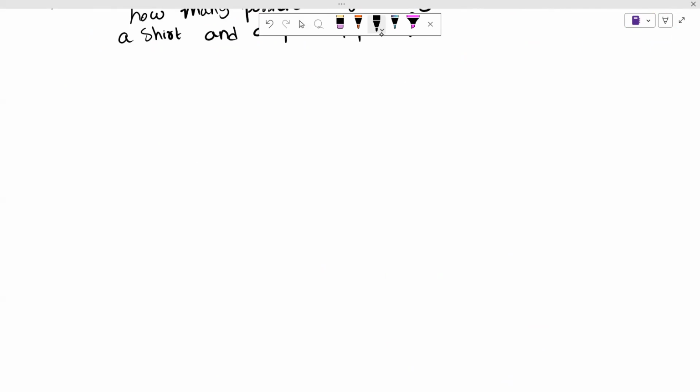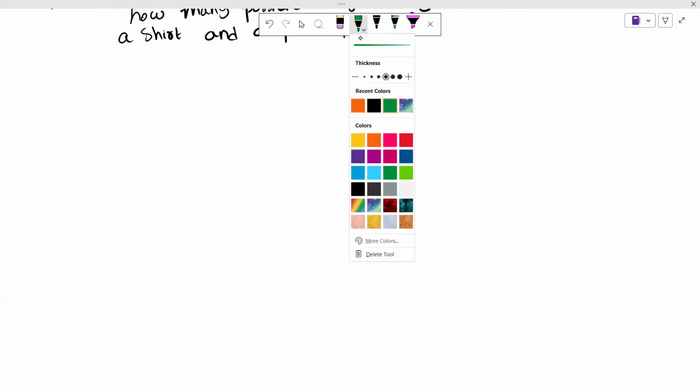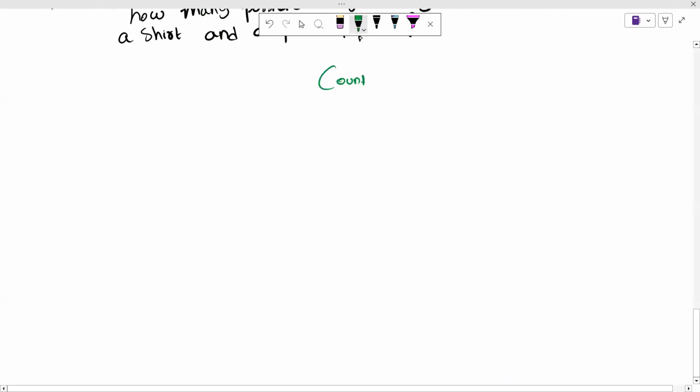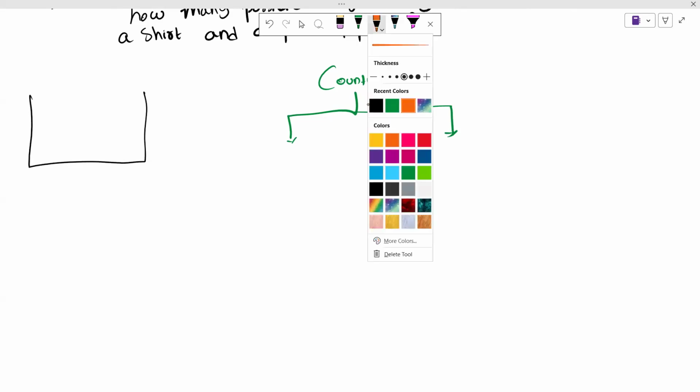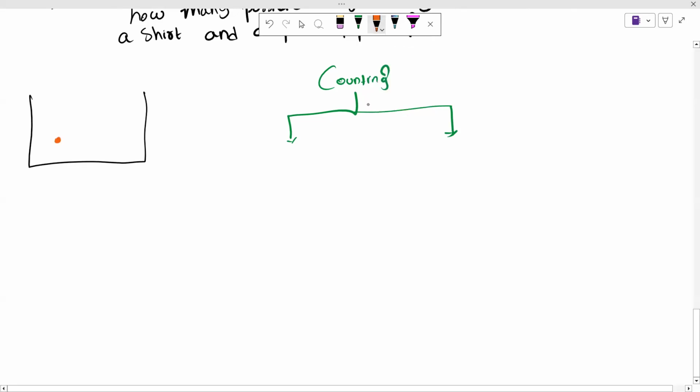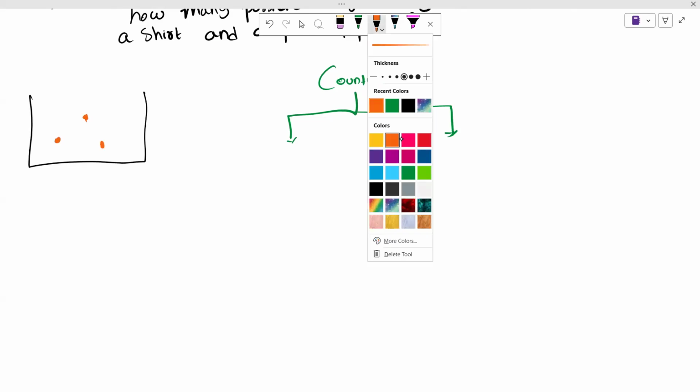Now, if I ask you what exactly counting is, some of you will answer, sir, counting. Counting means, like, there is one box, and inside the box there are different color balls.